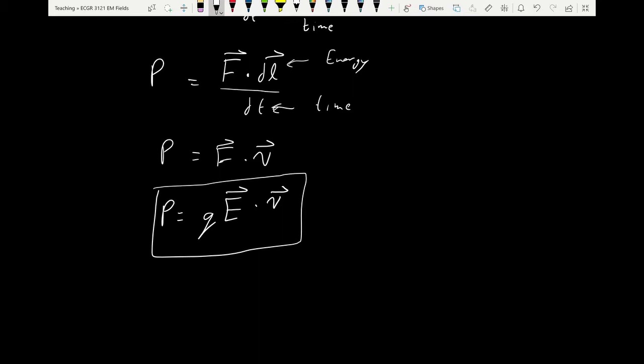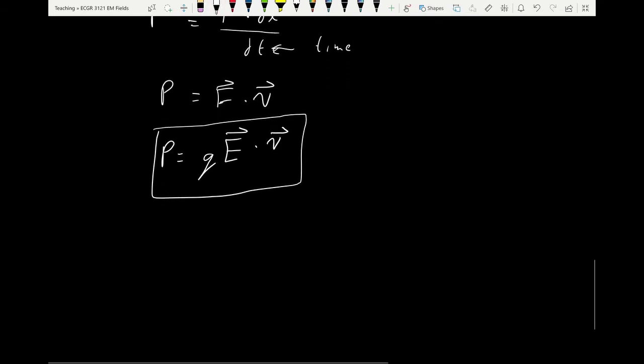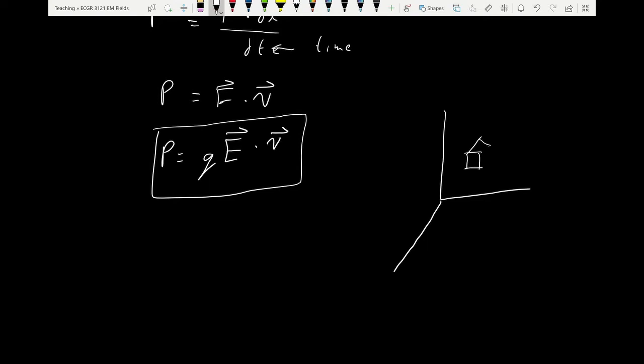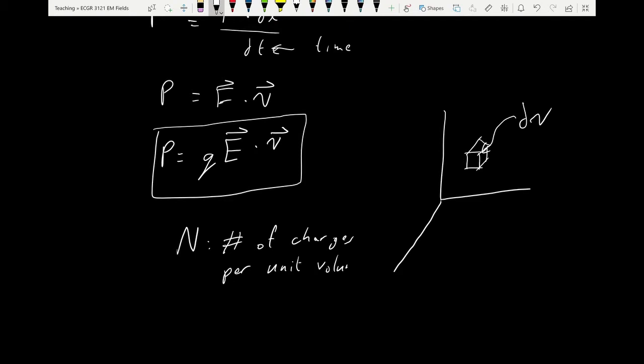So we want to move away from single point charges to a charge distribution. So let's look at our space. We have a small volume element, dV. Let's say I give you a number n. This number n is the number of charges per unit volume.